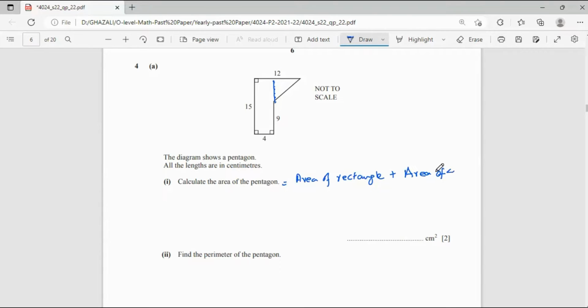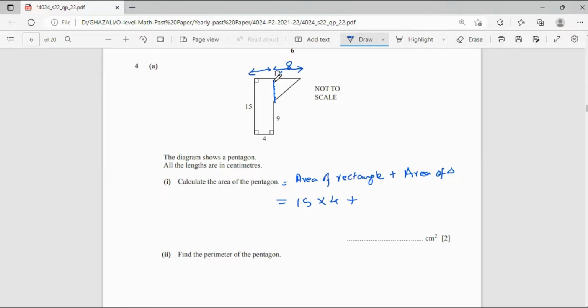Now the area of the rectangle is length multiplied by width: the length is 15, multiplied by 4 centimeters. For the area of the triangle, here the length is 4, so the remaining length will be 12 minus 4, which is 8.